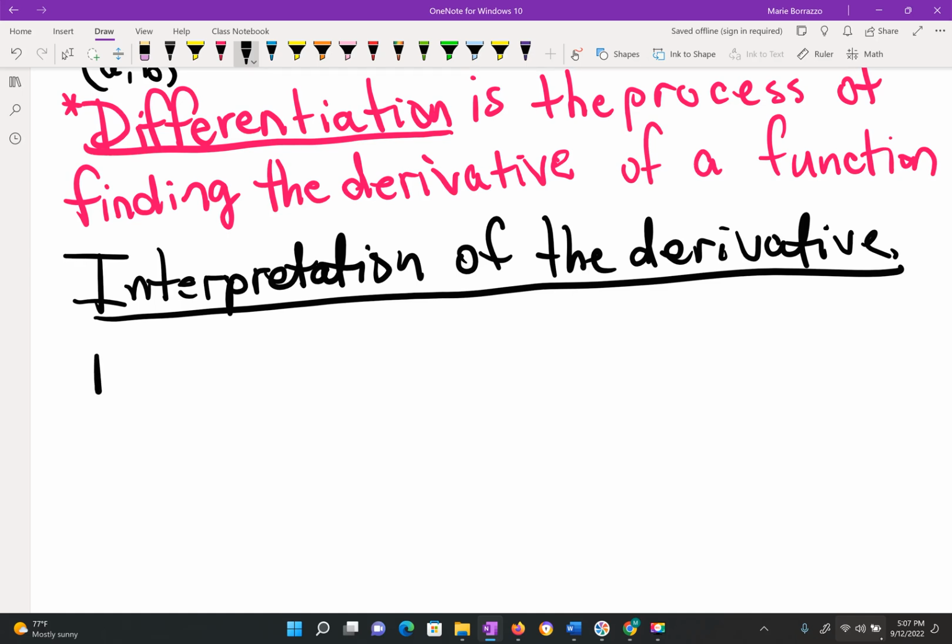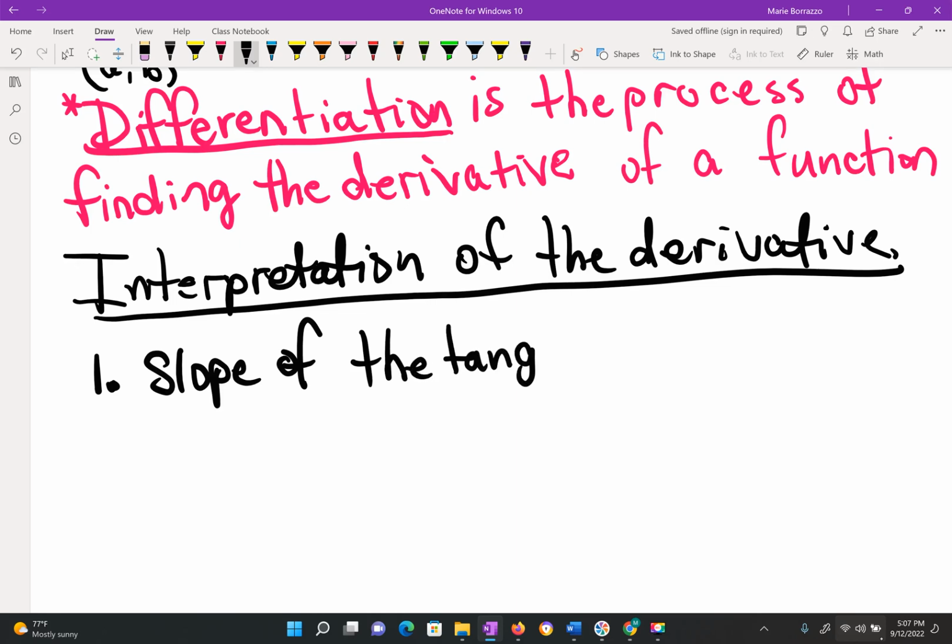We can interpret the derivative as the slope of the tangent line on a function. That's one interpretation. We're going to discuss that.